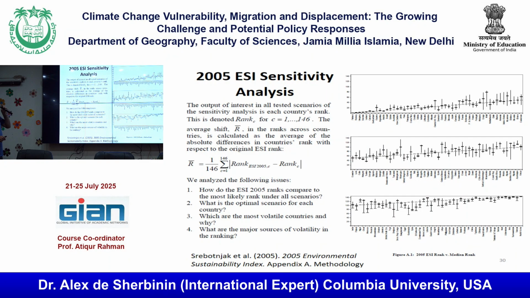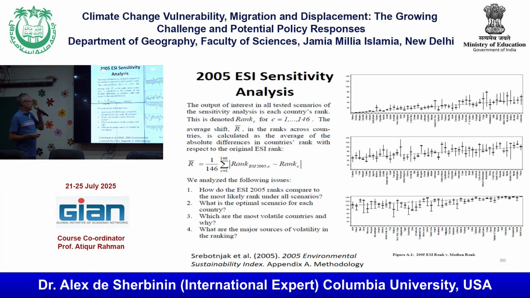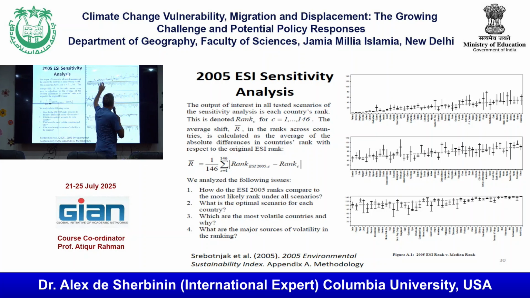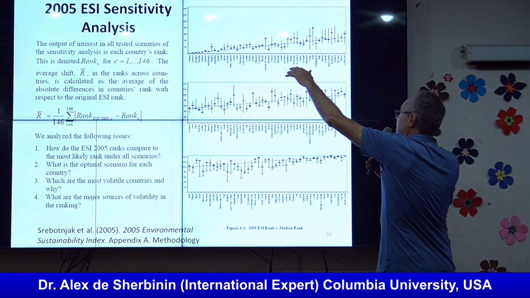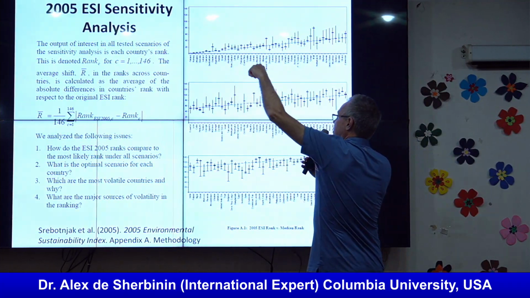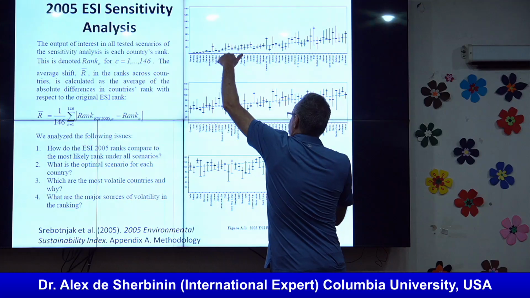They looked at the change in ranks of the ESI in 2005 according to different weighting schemes and different aggregation schemes. One thing I'll point out is that for high-performing countries, Finland, Norway, et cetera, which are very high-ranked, in the top ten, depending on the different aggregation schemes and weightings, you didn't see a lot of variation in ranks.